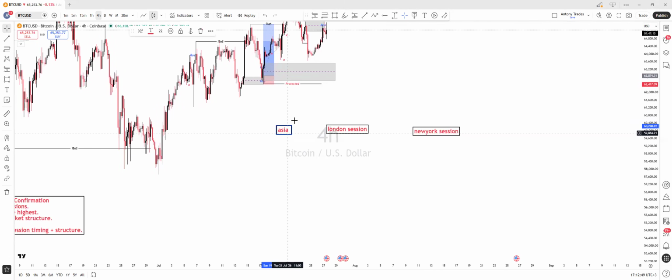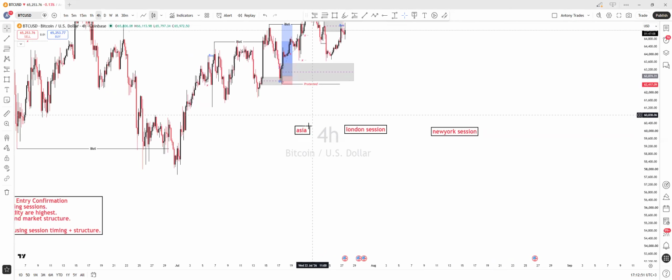In the Asia session, we need to know which pairs move well. For instance, the yen pairs, the likes of GBP/JPY, USD/JPY, EUR/JPY, those pairs that are associated with yen, move very well during the Asia session.